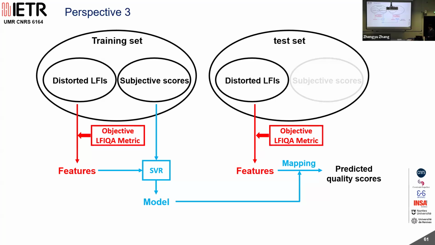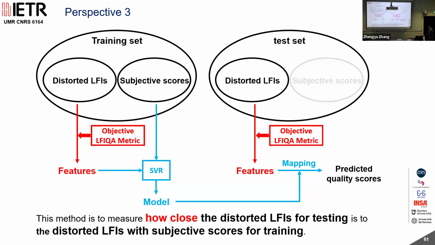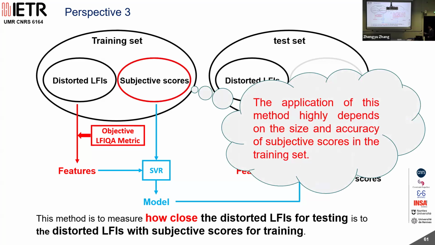That's the general framework. But actually, this measures how close the distorted light field image for testing is to the distorted light field images with subjective scores for training. And the application of these methods highly depends on the size and accuracy of the subjective scores in the training set.